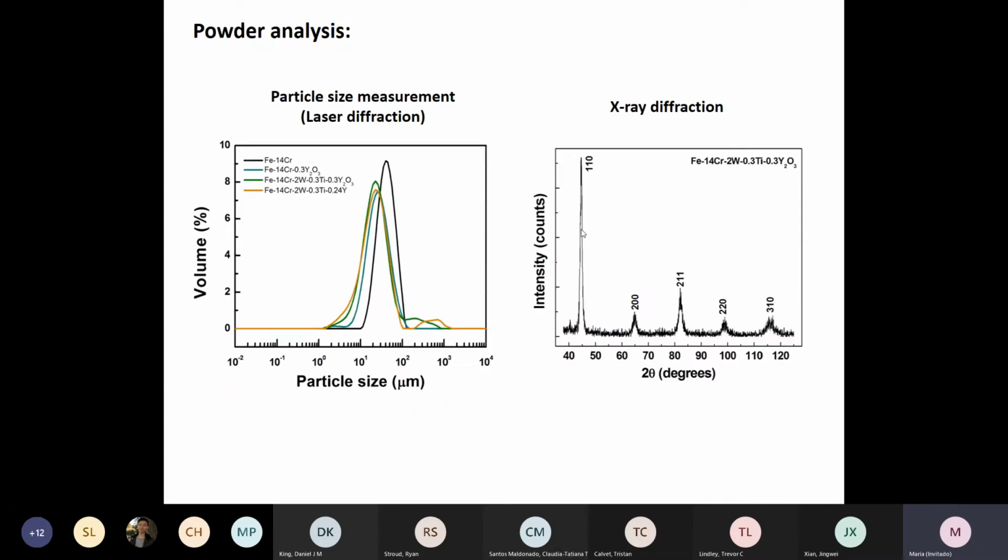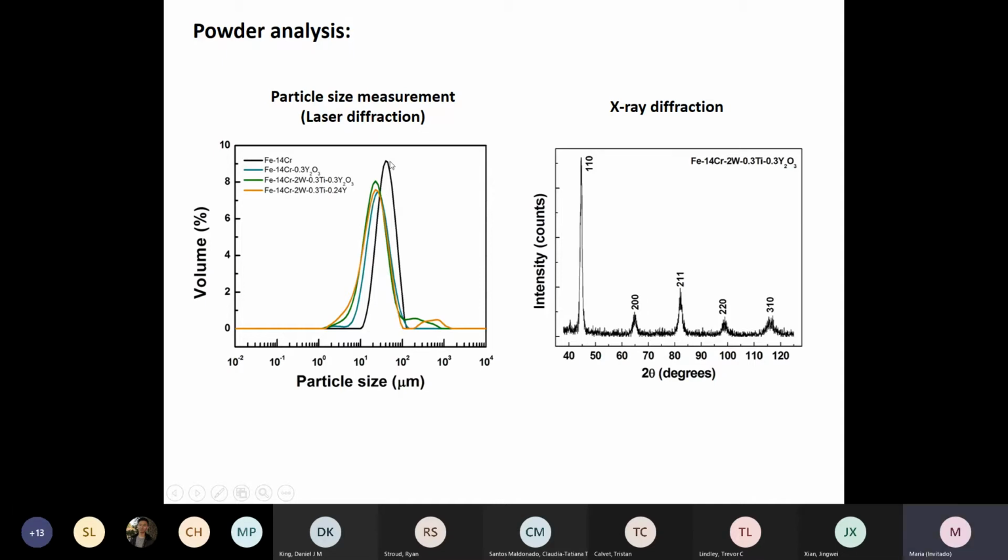So once the powder is homogeneous, we measured the size of that powder, and we can see at this very first step that the addition of yttrium oxide or anything else could reduce the powder particle size by half.